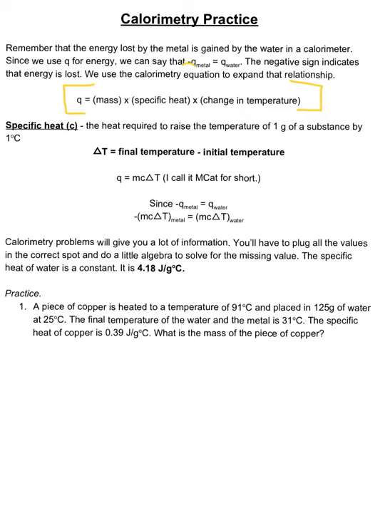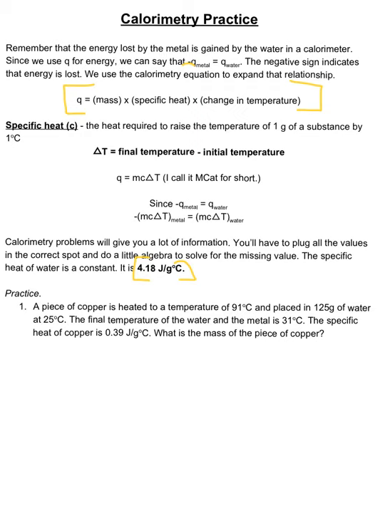So here's what specific heat is. The heat required to raise the temperature of 1 gram of a substance by 1 degree Celsius. Water has a very high specific heat. That's why it takes a long time to boil water. The specific heat of water is down here, 4.18 joules over grams degrees Celsius.